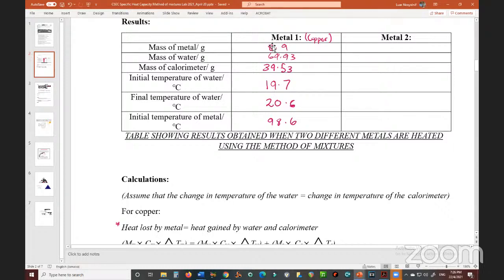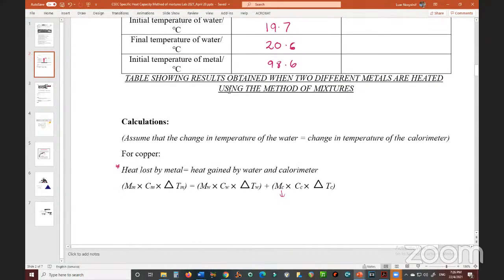So one of the first things we need to understand with this formula is that in the symbols here, m_m represents the mass of metal. In physics, we tend to write subscripts, especially when using a formula. And c_m, small c, is the specific heat capacity, let's write SHC for that, of the metal.